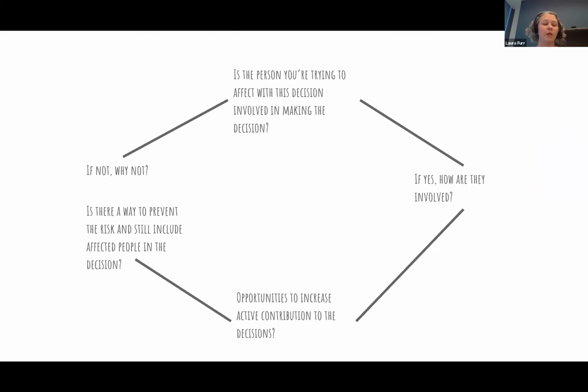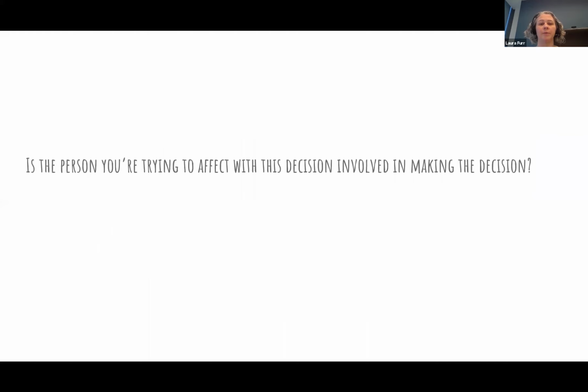I'm going to walk through each of these questions and talk through a little bit what your considerations here might look like. So is the person you're trying to affect with this decision involved in making the decision? And here I'd encourage you to think broadly. So for example, I was once involved in an advocacy project to try to change the law around youth being charged as adults in Maryland.